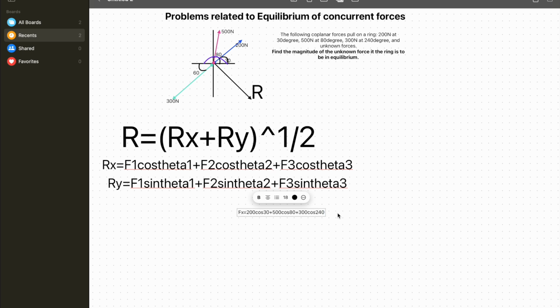If we have gotten the force in respect of the x-axis, we will also get the force in respect of the y-axis, the integration of the rest of the forces at y. Just replace the x with y and the cosine with sine, and the formula is derived.